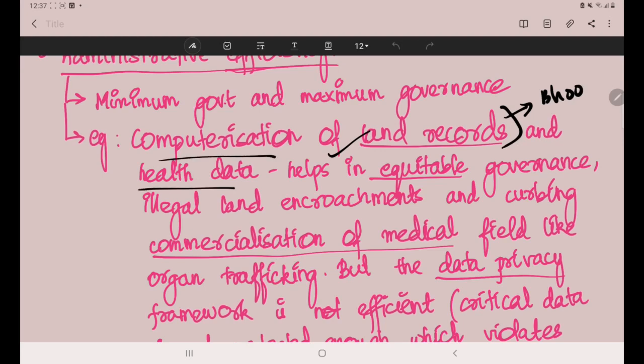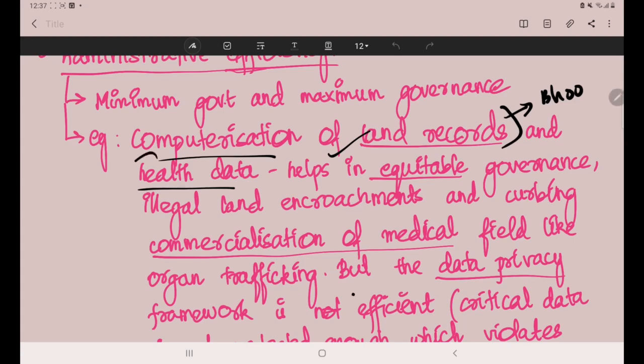What are the issues in these aspects? Although this is helping in equitable governance, that means all the people are targeted and there is optimum problem targeting, that is right. Also there is control of illegal land encroachment. Many money lenders have illegally acquired collateral from poor farmers. So that illegal land encroachment etc. is curbed.